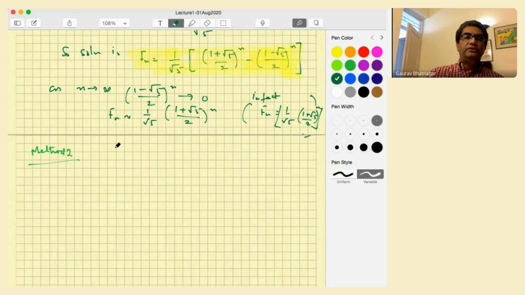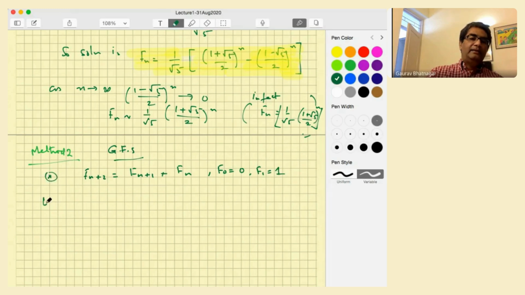And here we use generating functions. So again we have f(n+2) equal to f(n+1) plus f(n), with f0 equal to 0, f1 equal to 1. So let's start and let f of x be the sum of fn times x raised to the power n, n going from 0 to infinity.